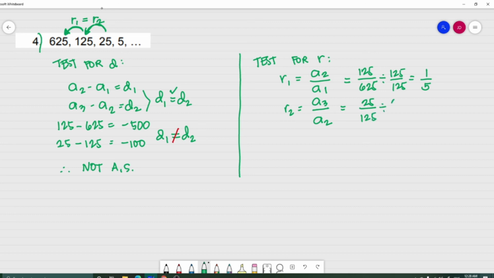Divisible ang duha by 25. Therefore, this is 1, this is 5. This is your R1. R sub 1 is equal to R sub 2. So, equal siya, meaning true. So, unsa ang conclusion? Therefore, it is a geometric sequence.